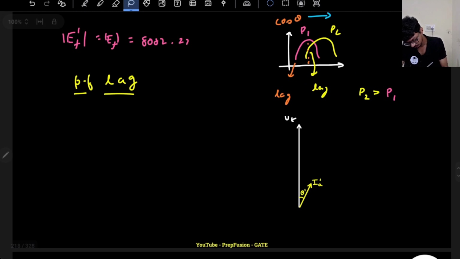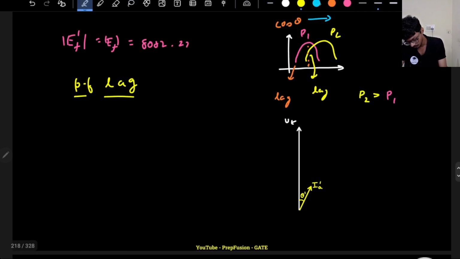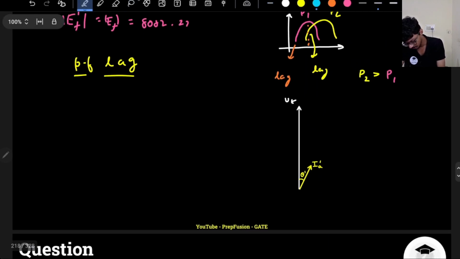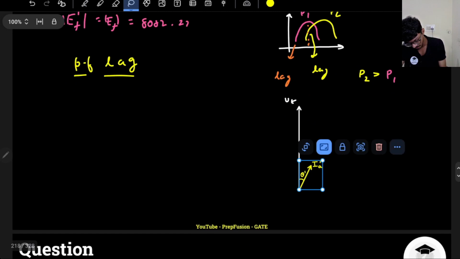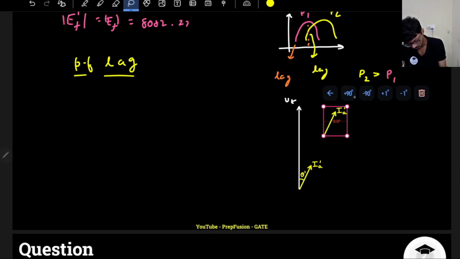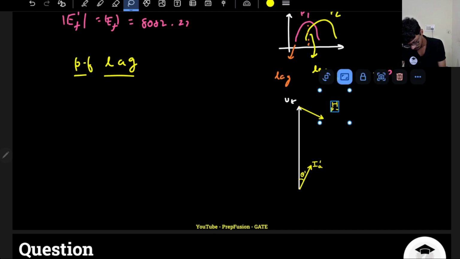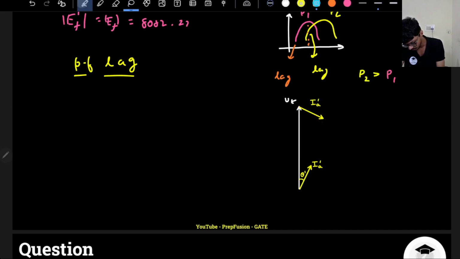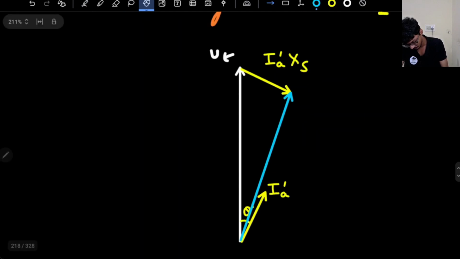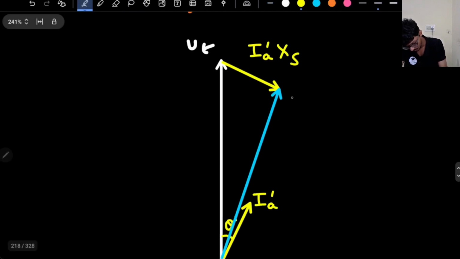Your EF will be again minus j, minus j means rotate in the anti-clockwise direction, so minus 90 here, into Ia dash into xs. So this will be my EF.